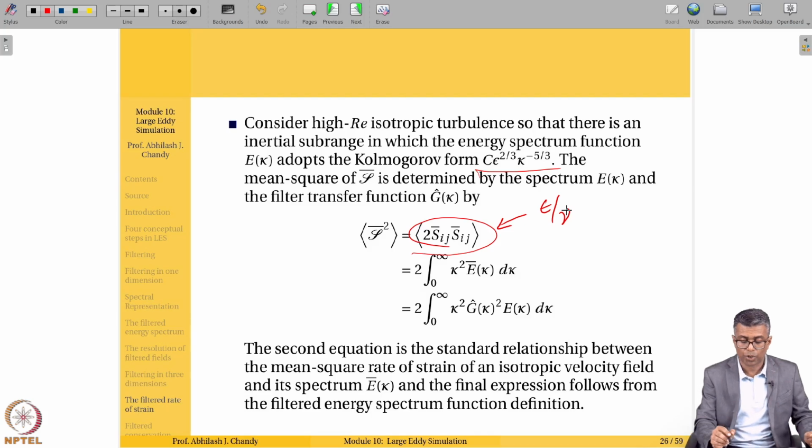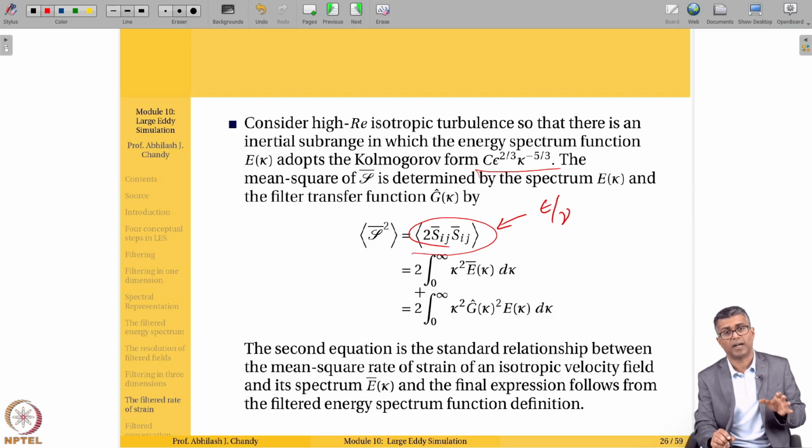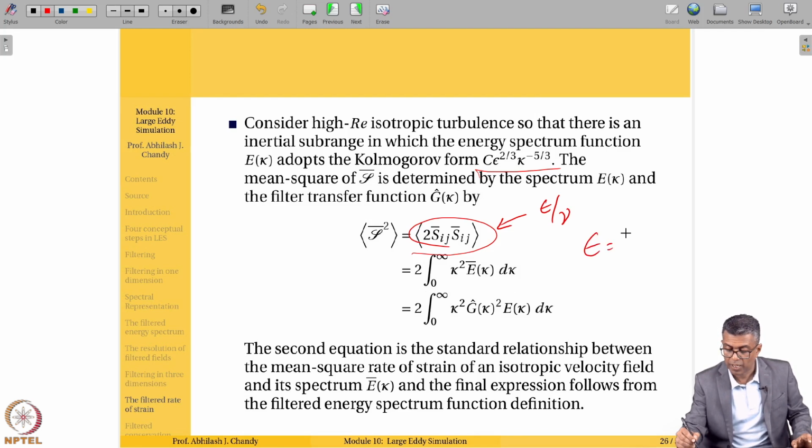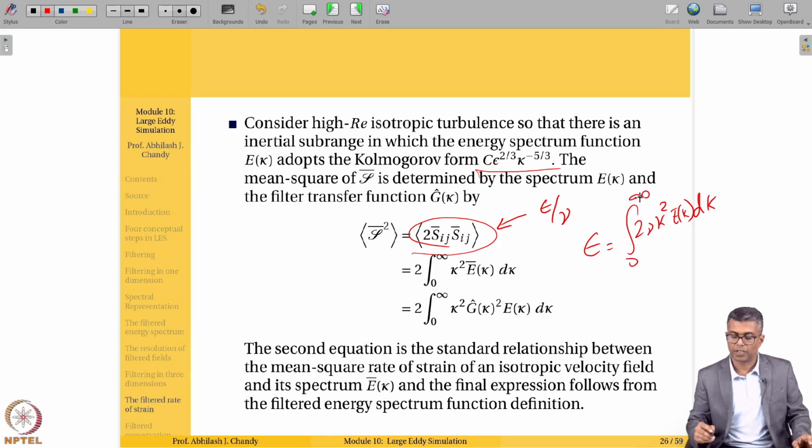So then what you will get is 2 times, and the way we have defined dissipation earlier in terms of the energy spectra gives you this equation, because epsilon is equal to the integral of 2 nu kappa squared E of kappa d kappa, from 0 to infinity. This was the dissipation.